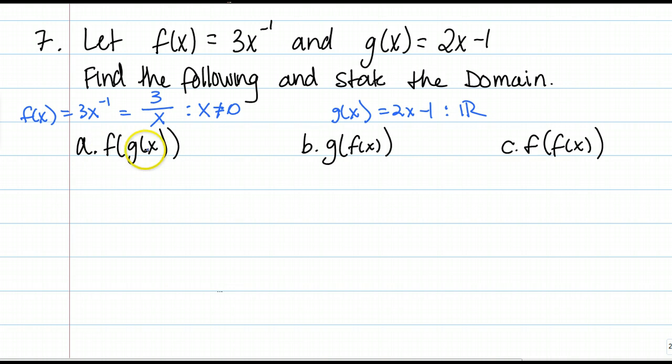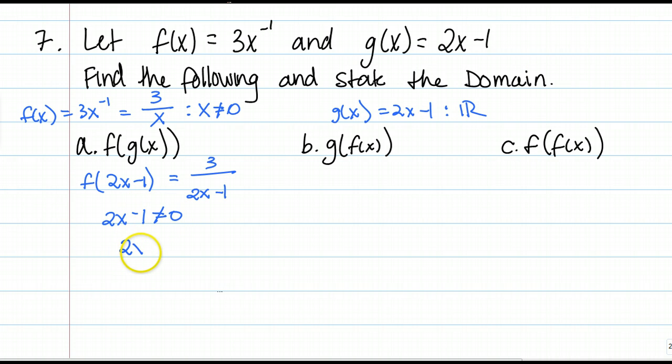So first, let's find f of g of x. So g of x is 2x minus 1. So we have 3 over 2x minus 1, right? Since f of x is 3 over x. Our denominator cannot equal 0, so that means 2x minus 1 does not equal 0.